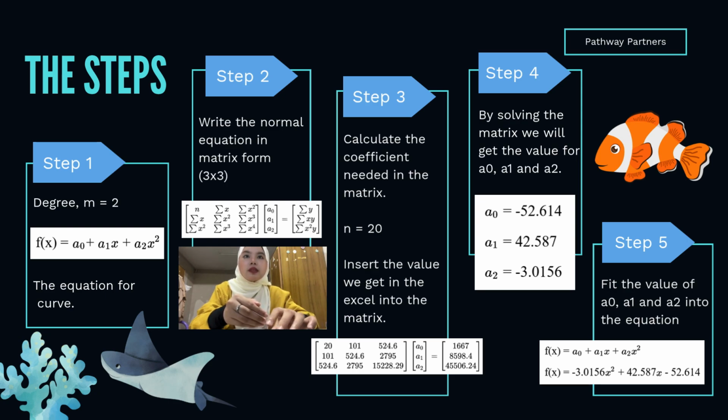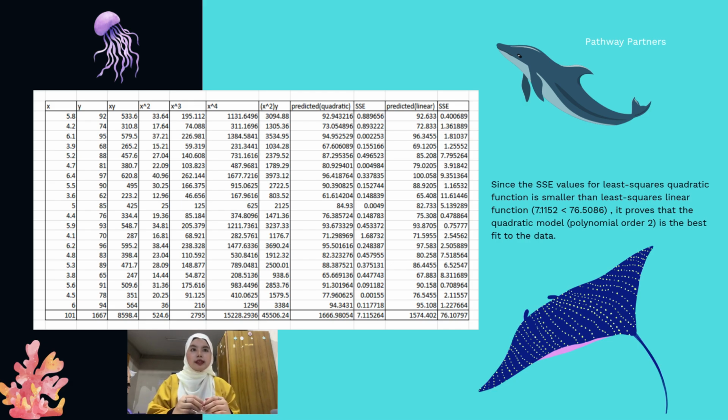Finally, in the last step, step 5, we substitute these precise coefficients back into our original model to produce our definitive fitted quadratic curve equation, which is f(x) equal to negative 3.0156x squared plus 42.587x minus 52.614.